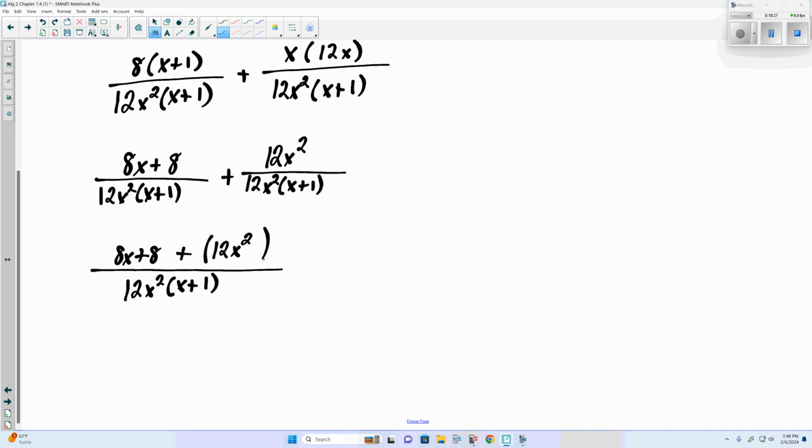There's nothing wrong with putting the parentheses around it, but when we rewrite it, the first set of parentheses is going to go away, and the second set will go away, and we get back to 8x plus 8 plus 12x squared. So we don't get anywhere with it, really. Does that make sense? The time we're really going to focus on it is when this is not plus, it is minus, because then we have to distribute that negative to every term in the second numerator. And we'll do one of those in a minute.